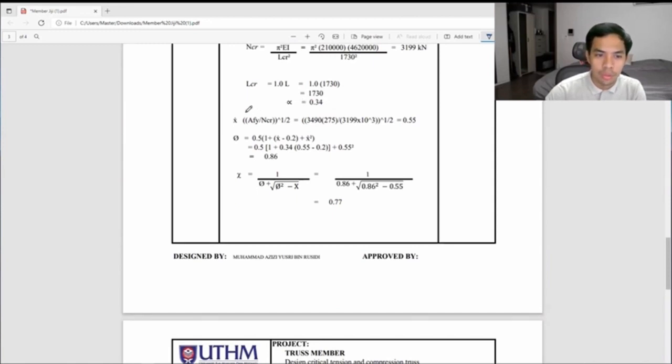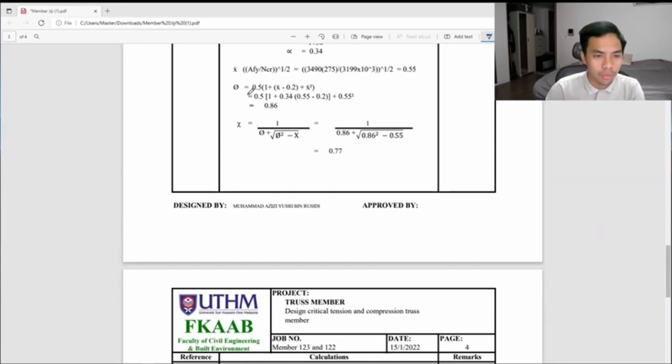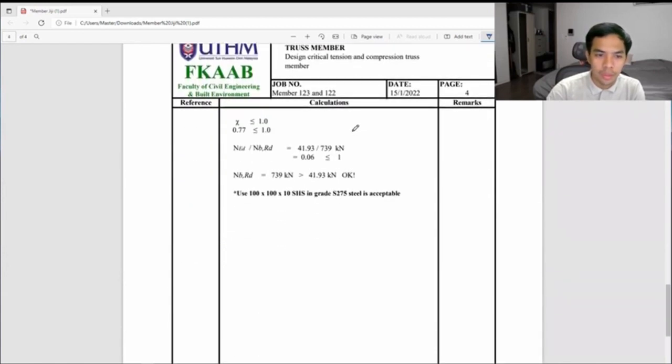Lambda bar, square root of A f_y over N_cr, equals 0.55, for phi equal to 0.86. And the value of chi, calculated as 1 over phi plus square root of phi squared minus lambda bar squared, equals 0.77. And that's for the verifying. 0.77 is less than 1.0, which is okay.